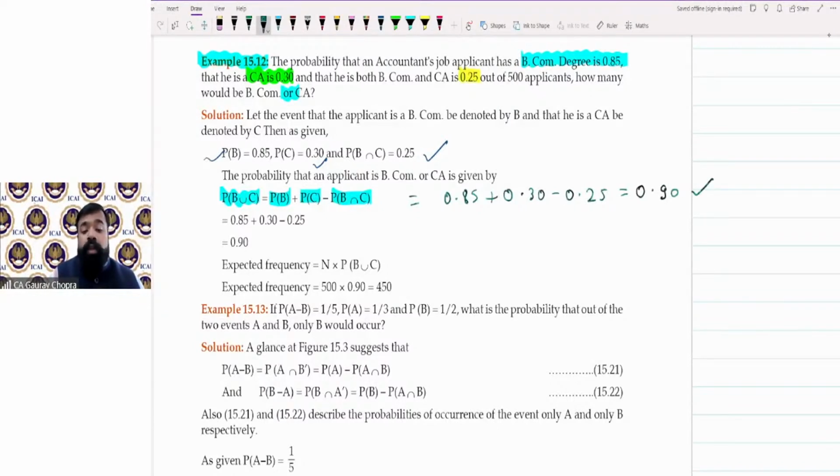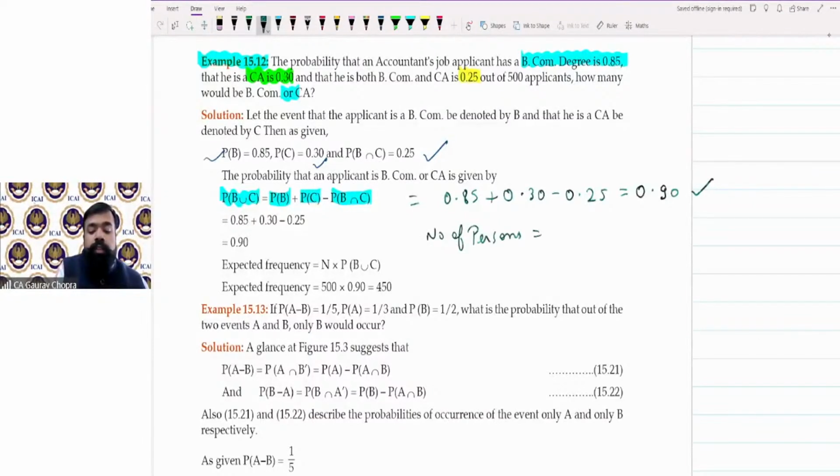Now we require the expected frequency. Since the question is not asking about probability, the question is asking about the number of persons. So whenever the number of persons is asked, what we have to do? We can write here number of persons.